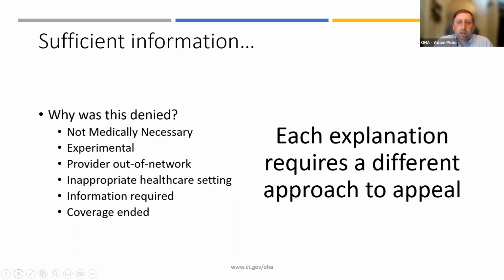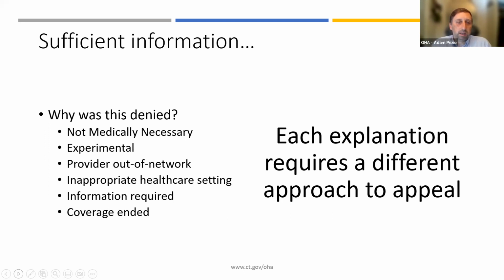Those appeals require a slightly different approach, which is, maybe we find research that shows that, gee, they've been using this procedure to treat this condition for decades, and the science is actually more clear than you, the insurance company, are saying. So that's a slightly different type of appeal. So it's important to notice what they're saying when they're saying why this was denied.